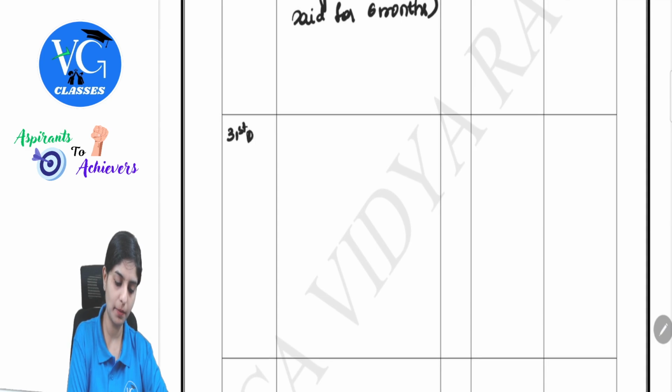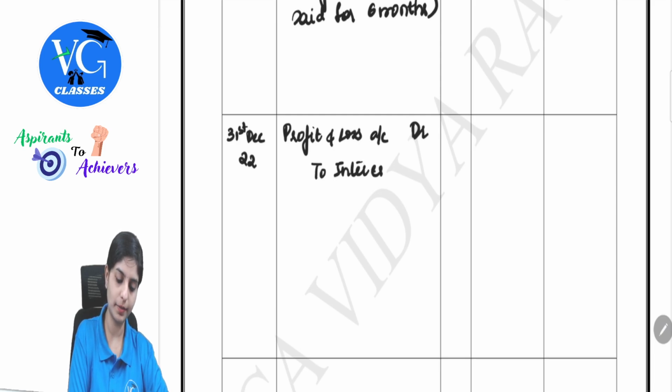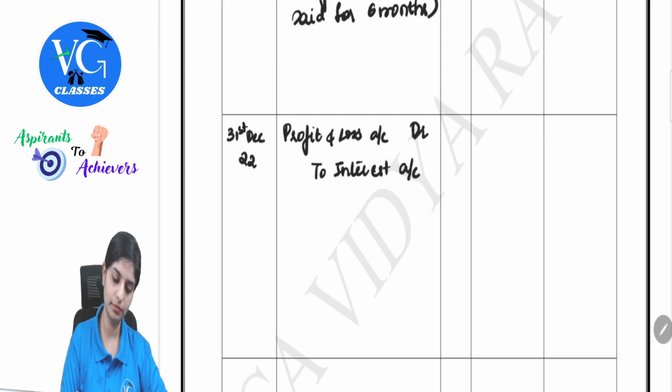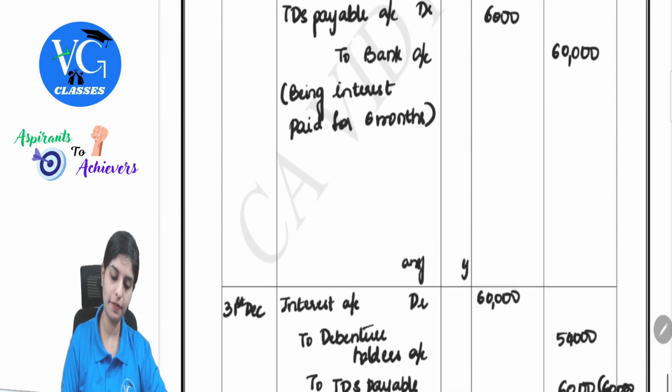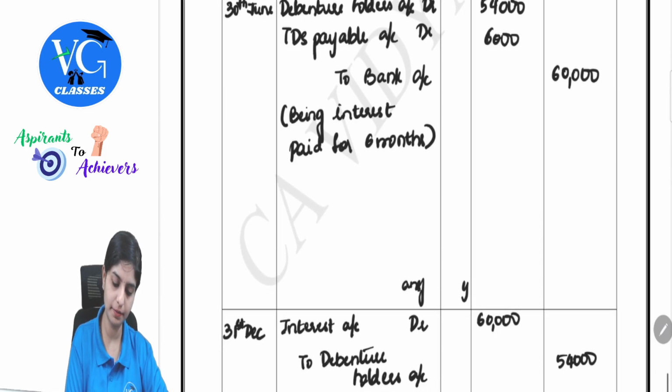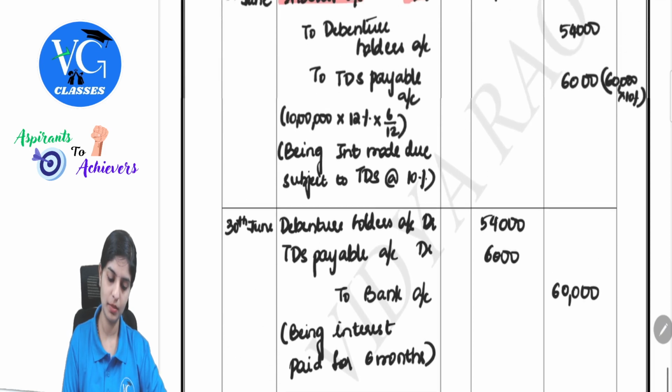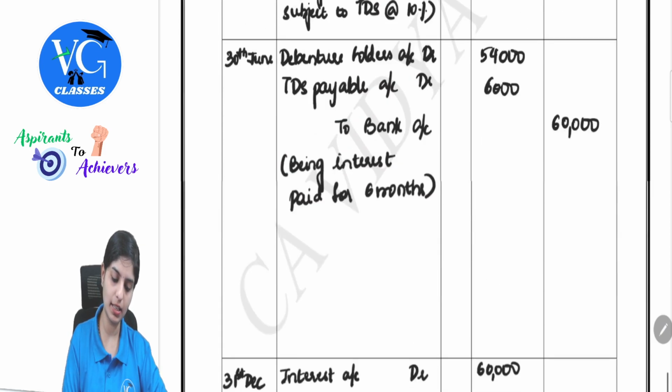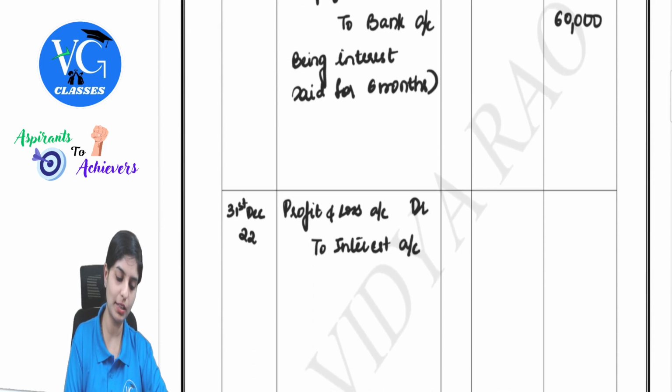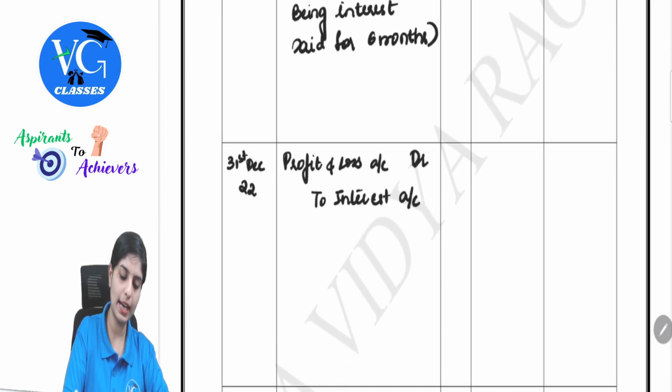First, profit and loss account debit to interest. If I take the combined interest, 60,000 and 60,000, the total interest is 1,20,000.